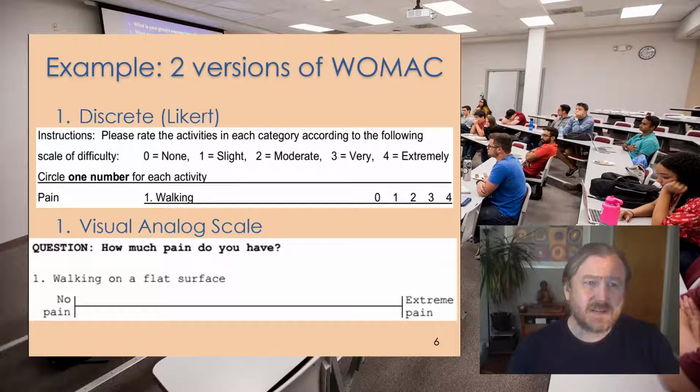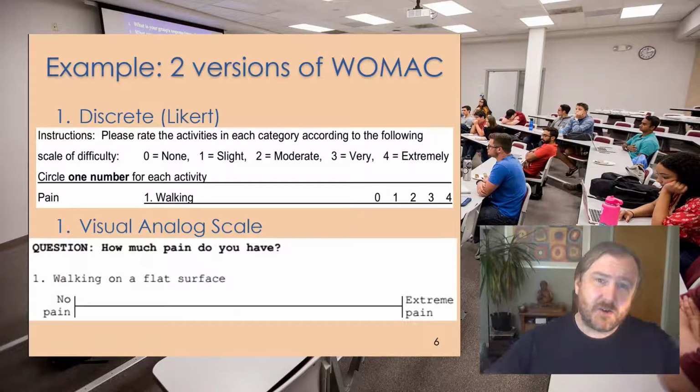And so you can see at the top, there is a discrete measure on the WOMAC, right? So they're asked, how much pain do you have when walking? And they have 0, 1, 2, 3, and 4. There is no 3.5, right? There's no 3.55. It's either a 0, 1, 2, 3, or 4.